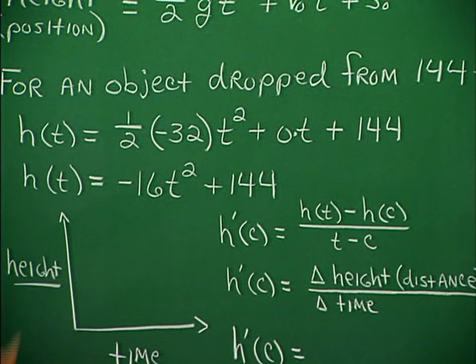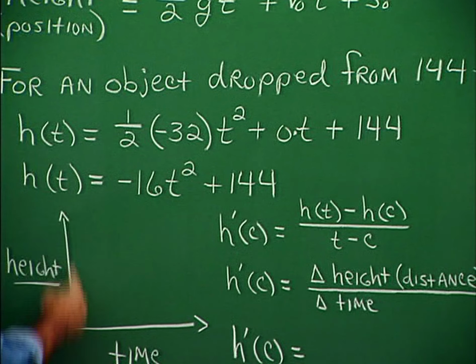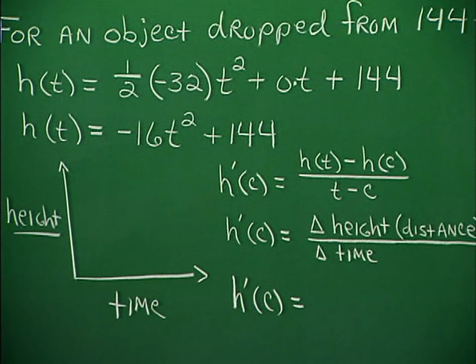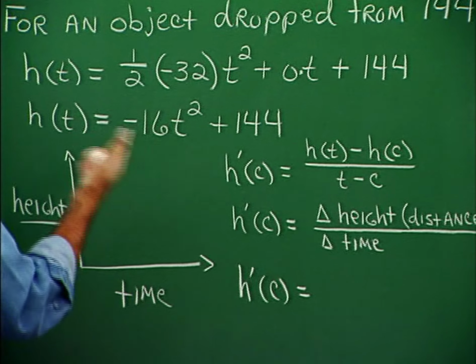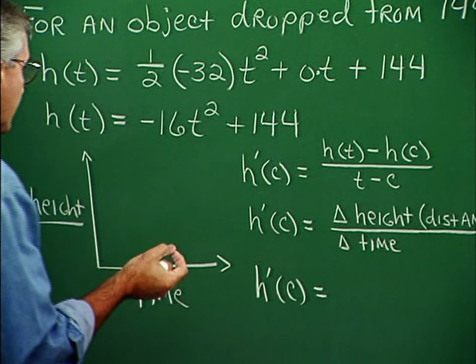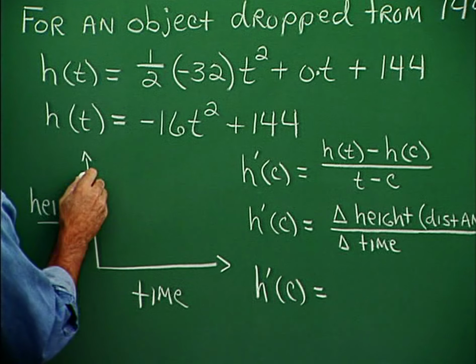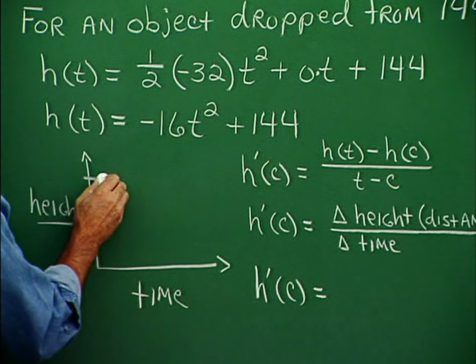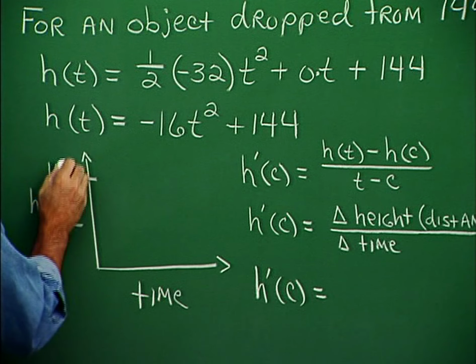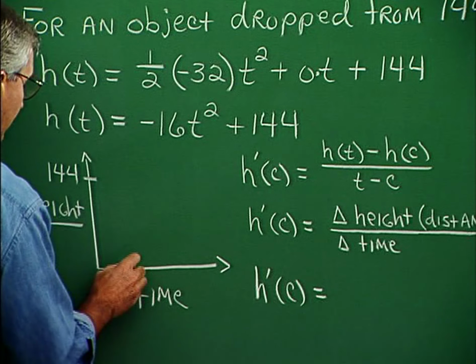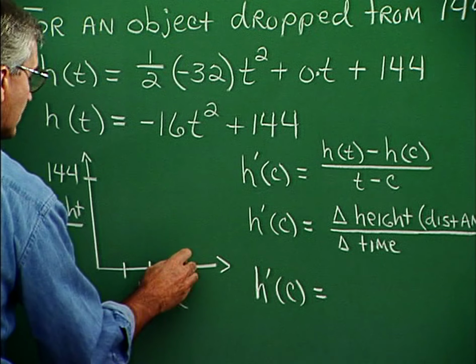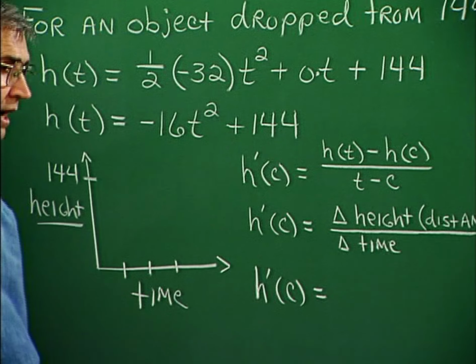Now, the relationship between height and time we can put onto a graph if we want to, kind of like this. If we put height on the vertical axis and time on the horizontal axis, then we can sort of plot where this object will be when it's dropped. We would start here at 0. The object is at 144 feet, and then after 1 second it's dropping a bit, and after another second it's dropping a bit, and it turns out that after 3 seconds the object hits the ground.